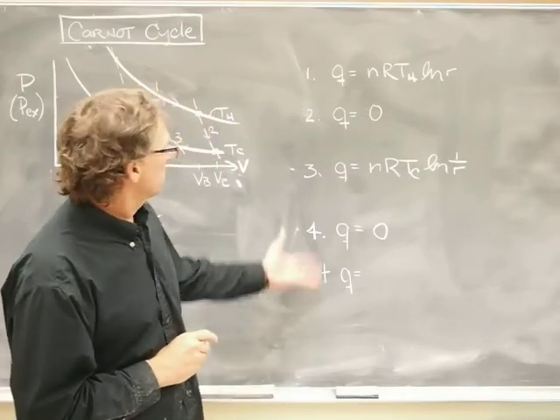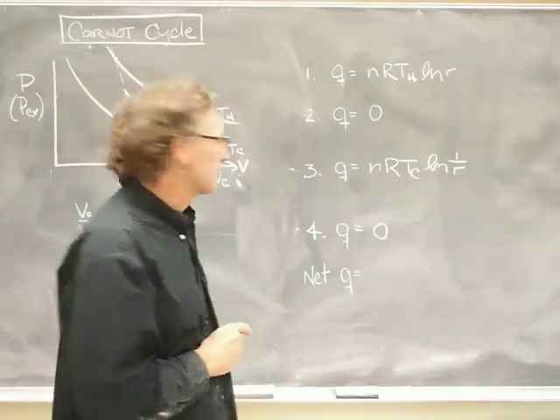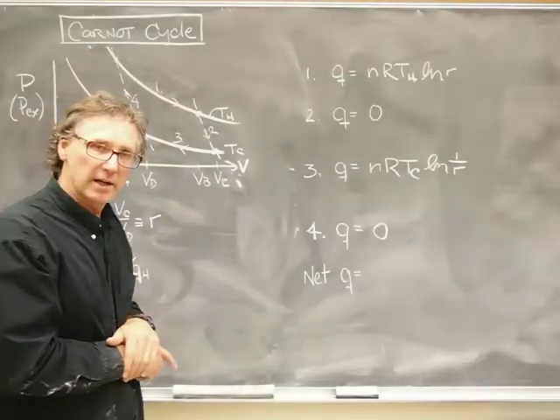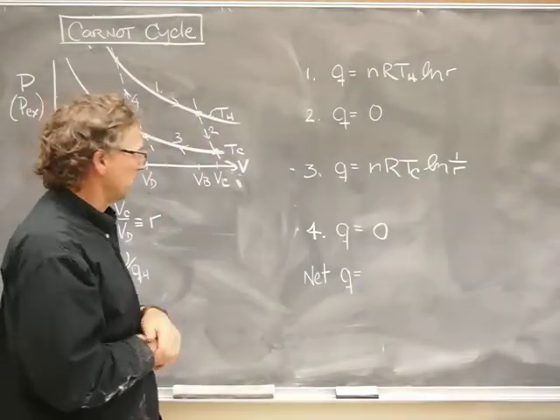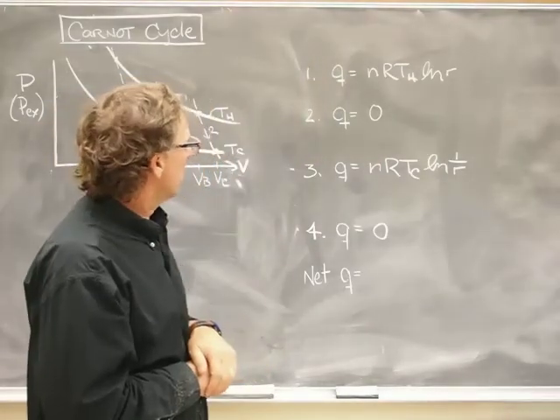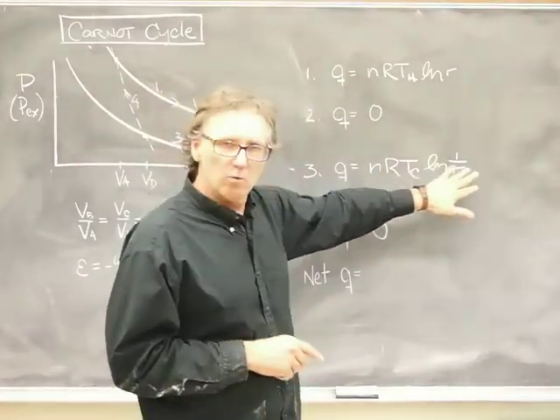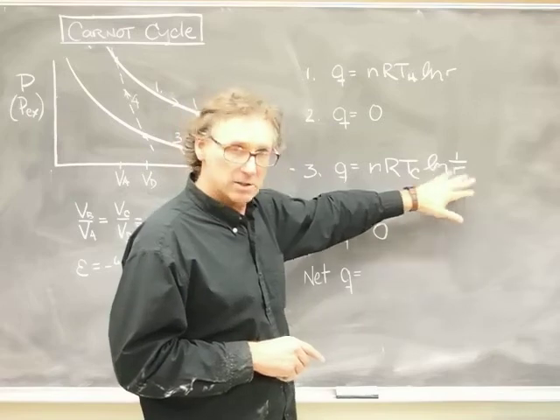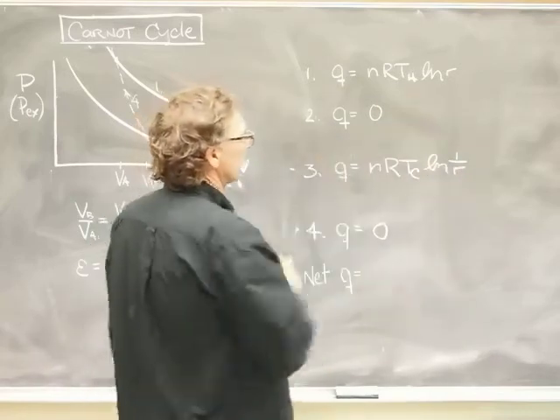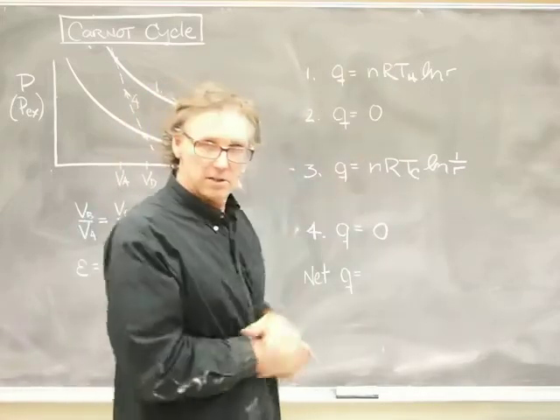I think we can pretty easily figure out what the total heat was. Remember, heat goes into the gas during step 1, and it gets squeezed out of the gas during step 3. So that's the heat that goes in, and that's the heat that's going to come out. I see I have an nR in common. This log of 1 over R I can convert into a minus log of R, in which case we have a common factor of nR and log R. What's left over then is the T hot and the T cold.